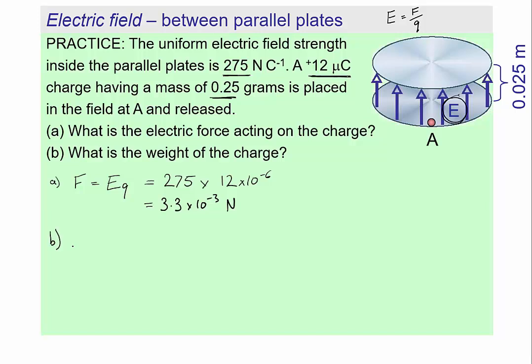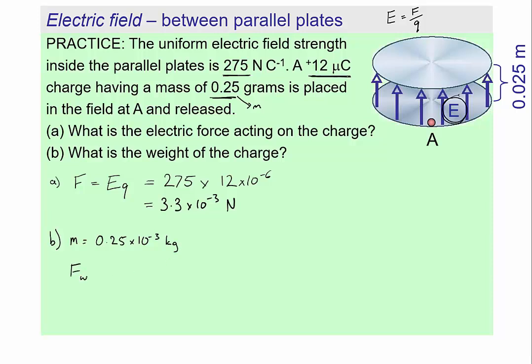Alright, let's have a look at part B. What is the weight of the charge? Well, the weight of the charge has got nothing to do with the electric field, but we do have its mass. You have to remember that the mass should be in kilograms, so it's 0.25 by 10 to the minus 3 kilograms, which is the 0.25 grams.